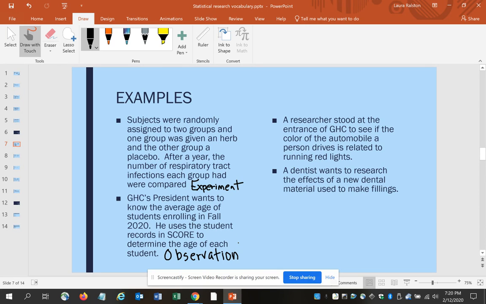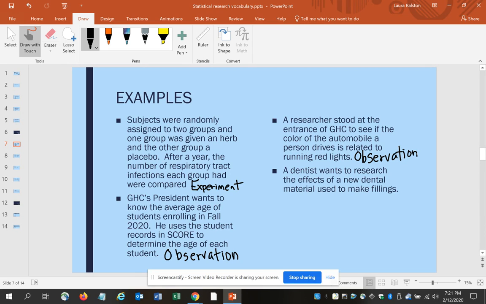They're not attempting to change the color of the automobile, nor are they trying to change whether they're running a red light, because they would obviously get run over. So again, this is simply an observation. I'm just observing what color of cars run the red light.